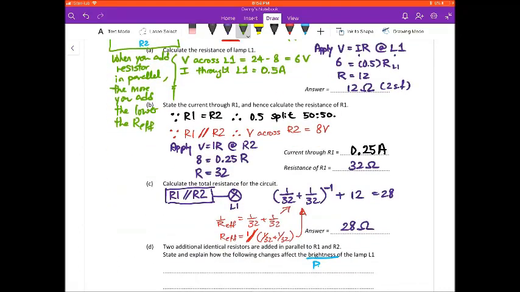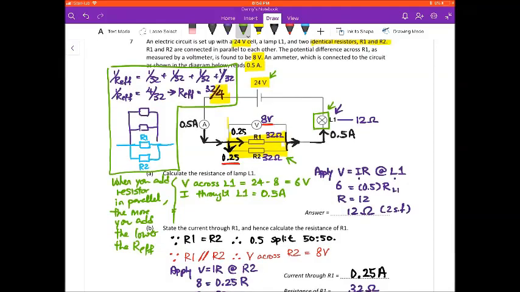So when this question says that you want to add another 2 more identical resistors, basically this yellow box here, the R effective would drop.